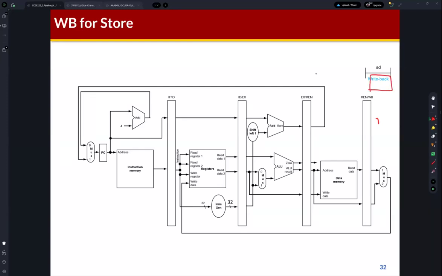But it does nothing, because the store instruction does not write a result to the register file, right? But as I mentioned, every instruction needs to go through all the stages in the pipeline architecture.